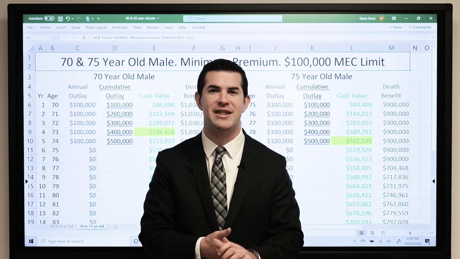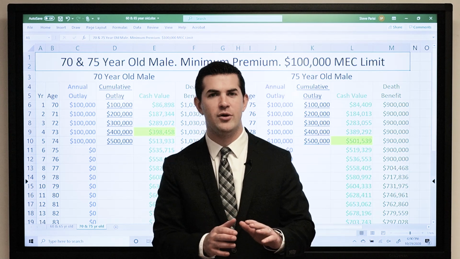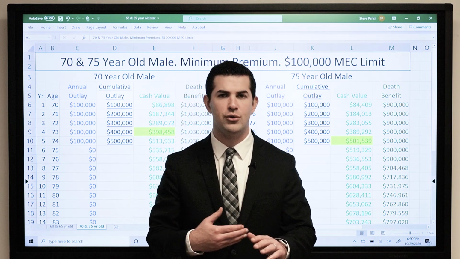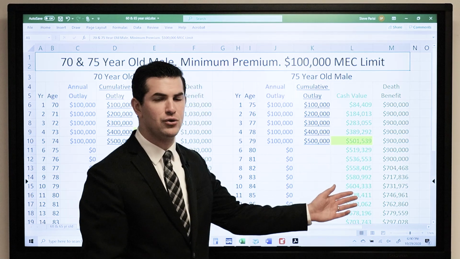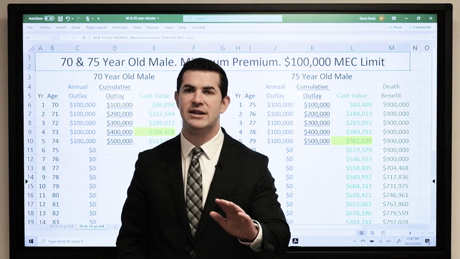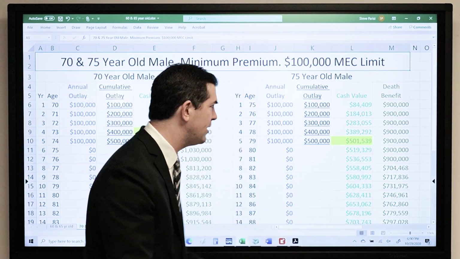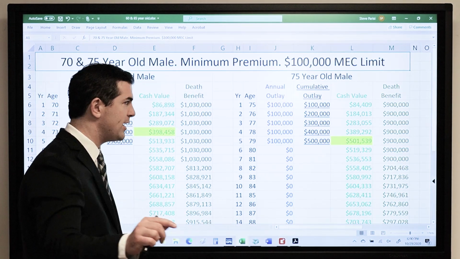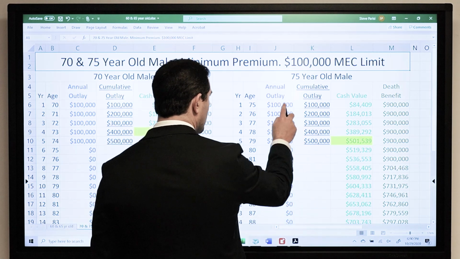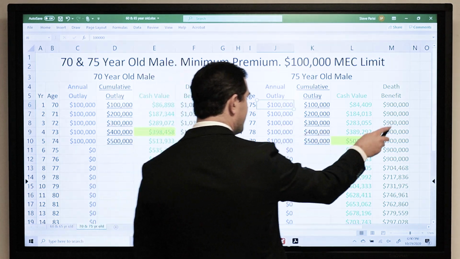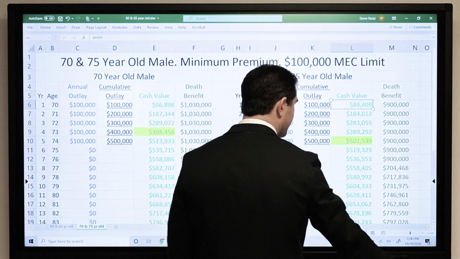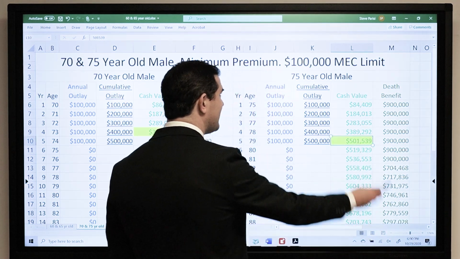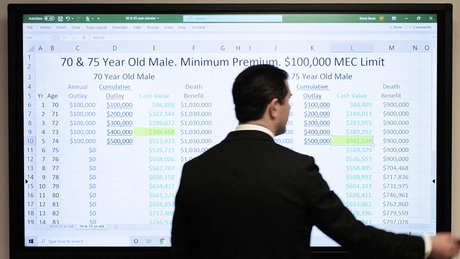A lot of times people will say that is, okay, well, regardless if I'm 32 or if I'm 75 years old, if I'm paying $100,000 per year into a policy, and we go back to the design fundamentals, premium, PUA component, MEC limit, we can minimize the premium, maximize the cash value, break-even point for a 75-year-old male, year 5.